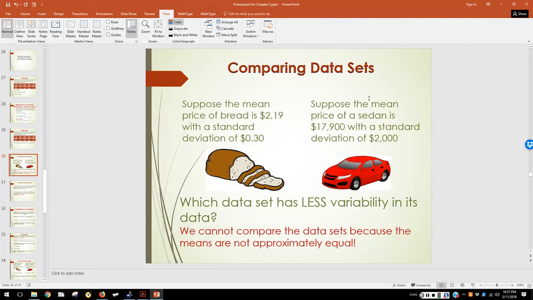Sometimes we need to compare two data sets. For example, in cost of living, one of the things that the cost of living index takes into account is things like the cost of a loaf of bread and the cost of an automobile.